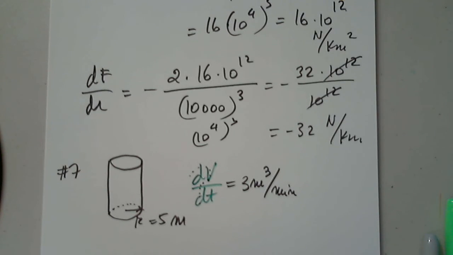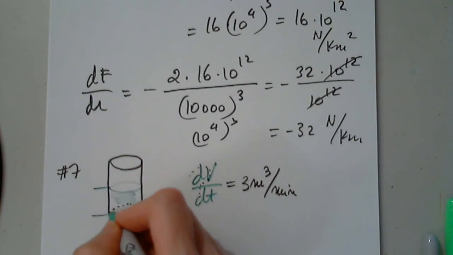Good, I'm sharing again. How fast is the height of the water increasing? So we expect a positive number. And we're talking about how fast is the height of the water increasing. So we are putting water in it. And let's say this is the height.